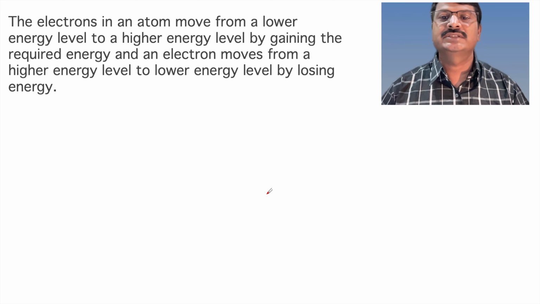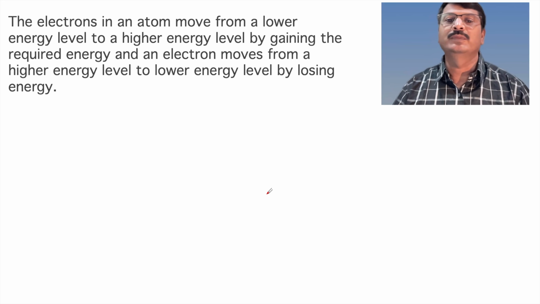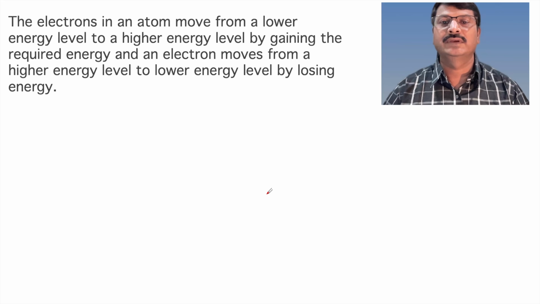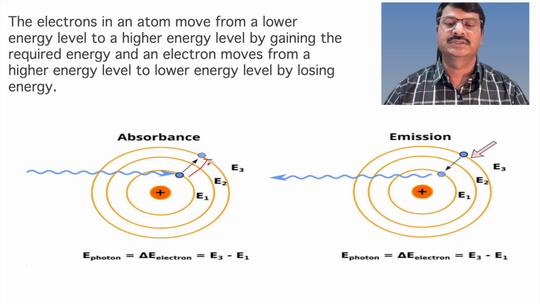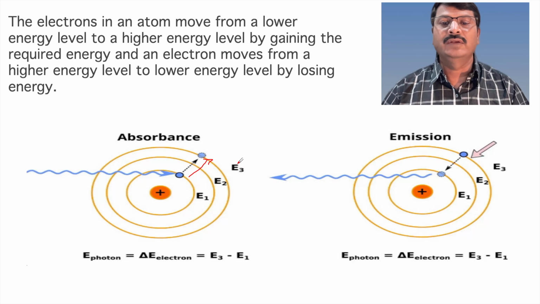The energy change takes place when an electron is moving from one energy level to another. For example, if an electron wants to move from a lower energy level to a higher energy level, energy absorption takes place. By absorbing the energy, the electron will move from the lower to the higher energy level. The amount of energy absorbed will be equal to the energy difference between these two energy levels, E3 minus E2.